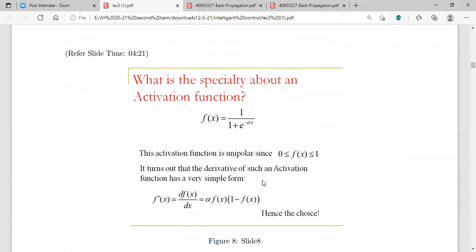See, activation function is unipolar. It is lying between 0 and 1. Also, its derivative function is in very simple form. So preferably we use this sigmoidal function.